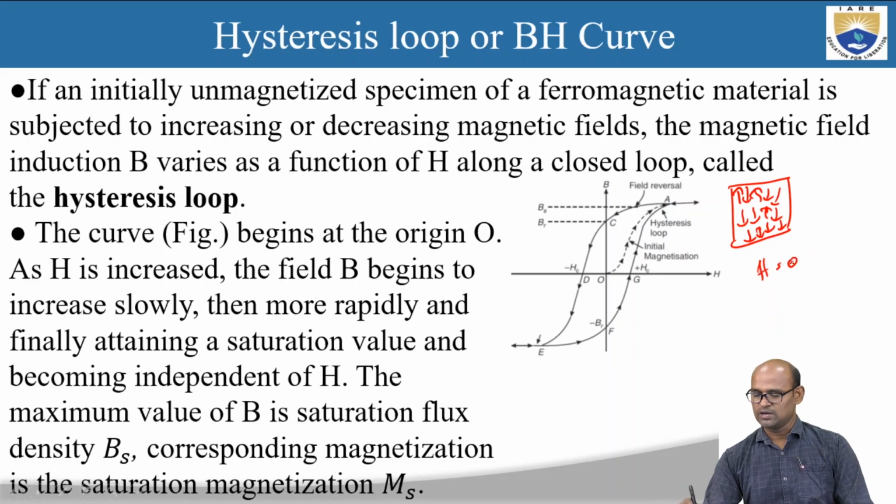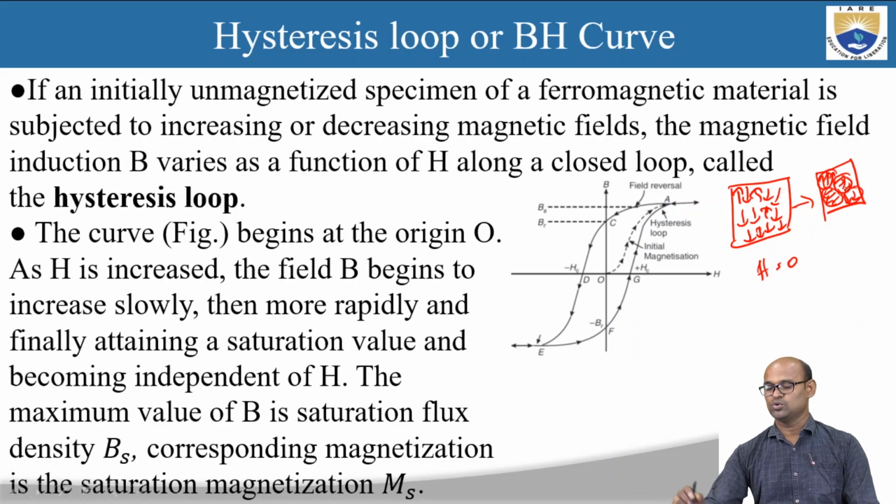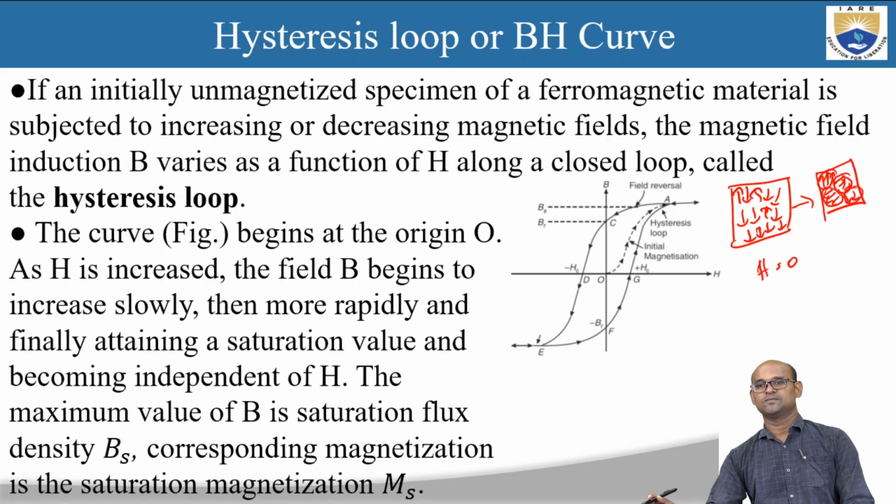As you increase the field, what happens? These spins tend to orient. Some of the spins are oriented in one direction, some in another direction, and others in yet another. There are regions where you have spins oriented in one single direction, and those regions are called domains.